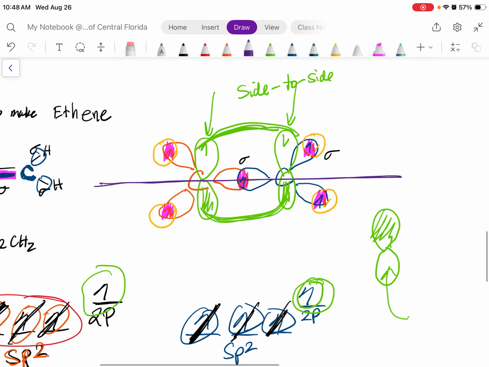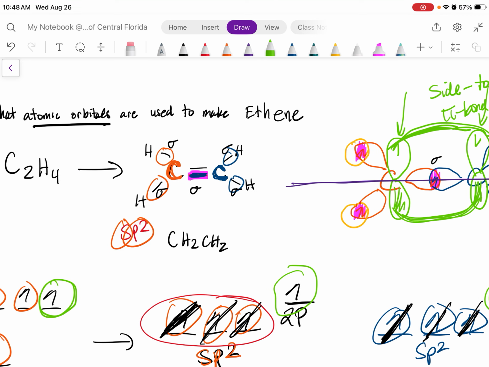And when they're perpendicular to that, and we have orbital interactions that are side to side, that is called a pi bond. That's our pi bond. And where's the pi bond in our structure here? It's right there. That's our pi bond. I would say that's our pi bond right there.